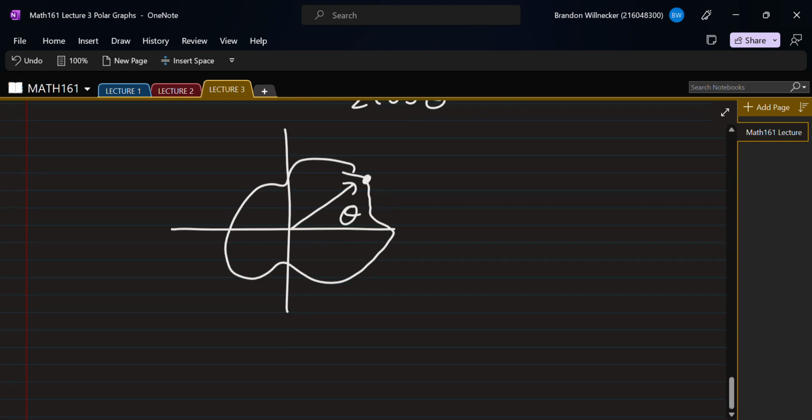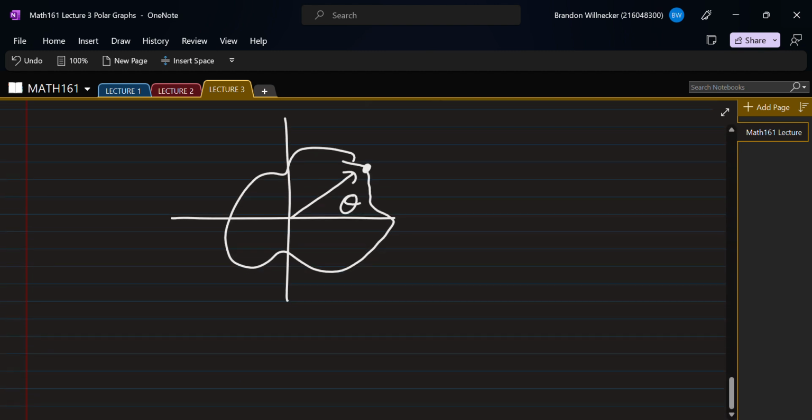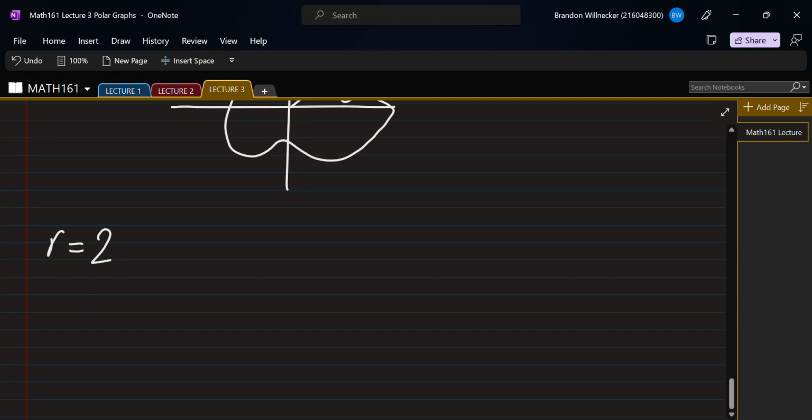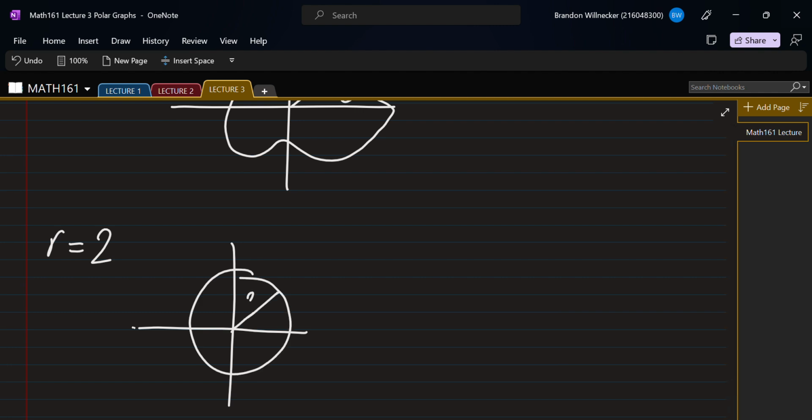Okay, just a final example on this. Let's say we have r is equal to 2, so that's very simple in polar coordinates. R equals 2, that just means we've got a circle of radius 2. So for any angle going around, the distance is the same.